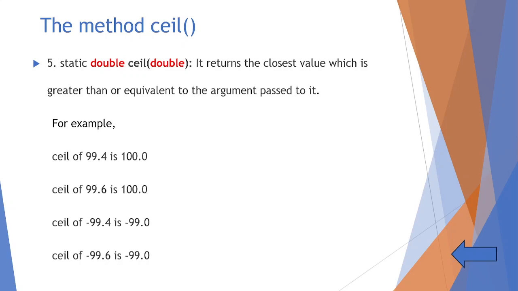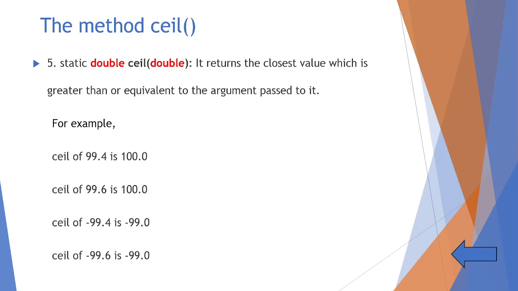From 99.1 to 99.9, ceil will return 100. But for 99.0, it returns 99.0 only. What did the definition say? It returns the closest value which is greater than or equivalent to the argument passed to it.